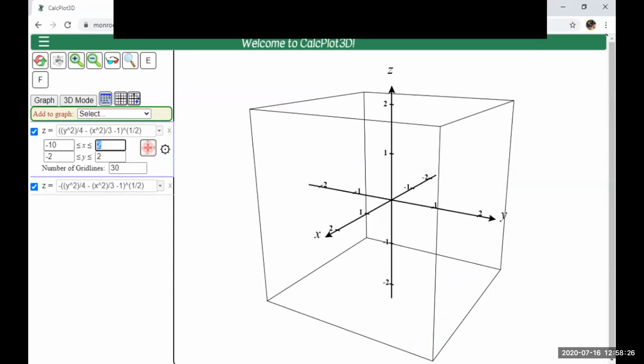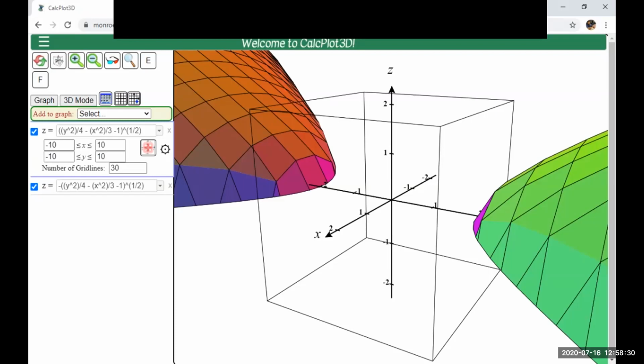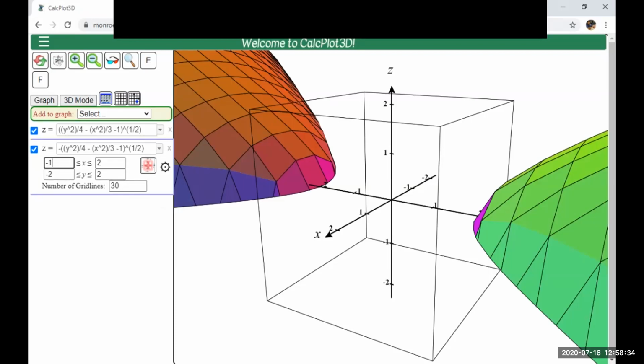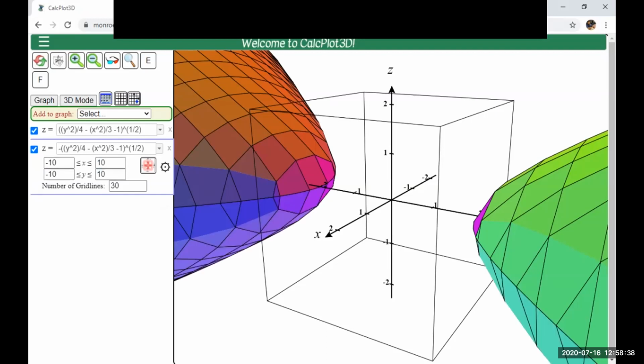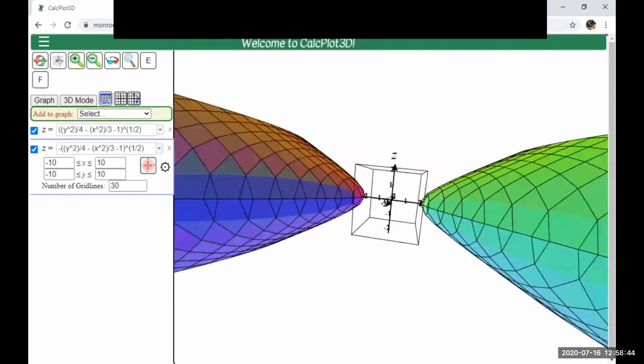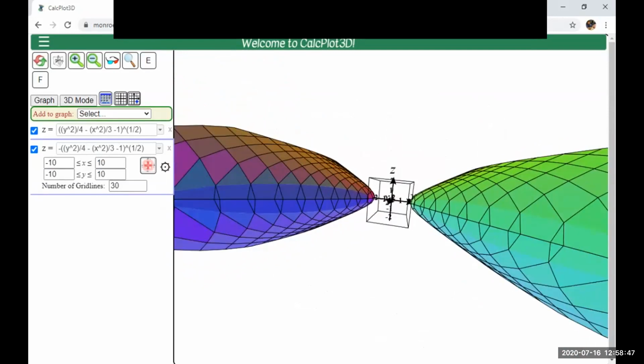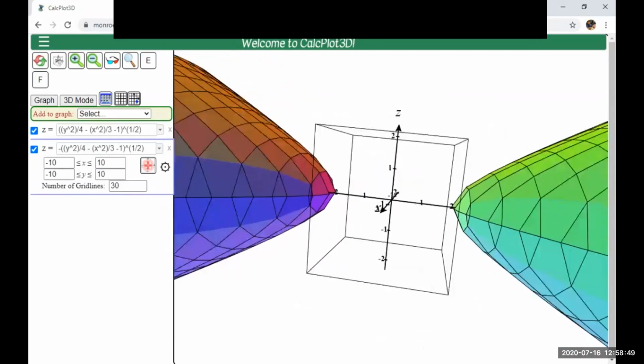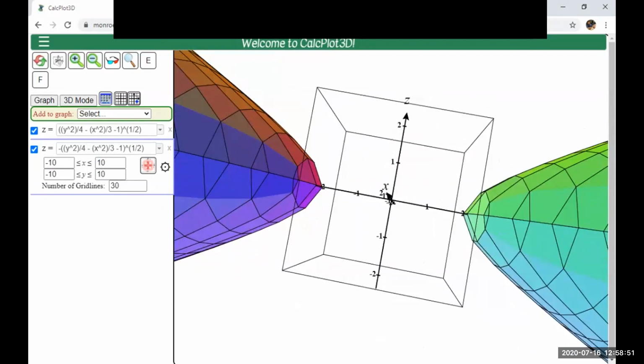Maybe if we look from minus 10 to 10, we would see something. Here minus 10 to 10, minus 10 to 10, and if we go a little away, yeah, that's ours. There are 2 sheets of hyperbola here in this picture.